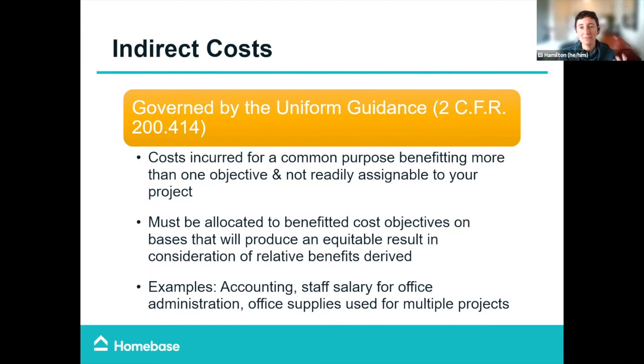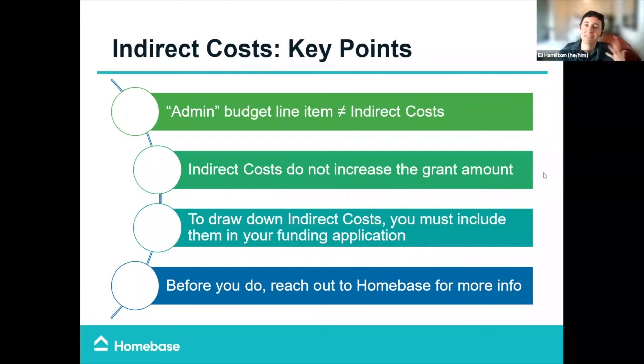But the amount of indirect costs you can get is limited and controlled by the rules of the uniform guidance. So key things to know about indirect costs are that the admin budget line item and indirect costs are separate concepts. Your admin line item is used to pay for the specific delineated eligible costs under the admin cost in the interim rule.